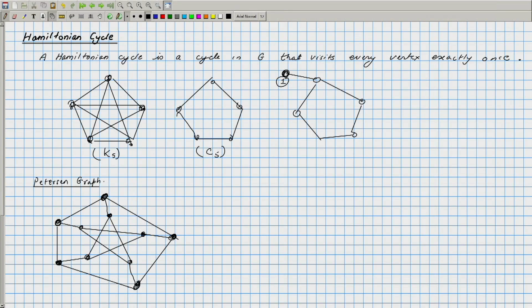In fact, that is what we will show, that the Peterson graph does not contain a Hamiltonian cycle.